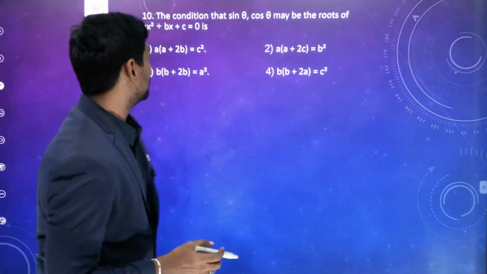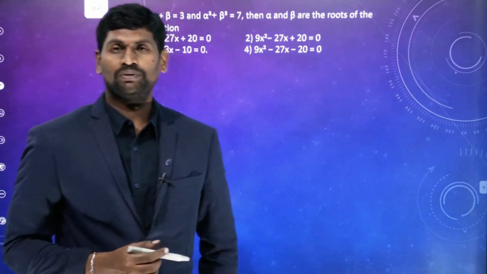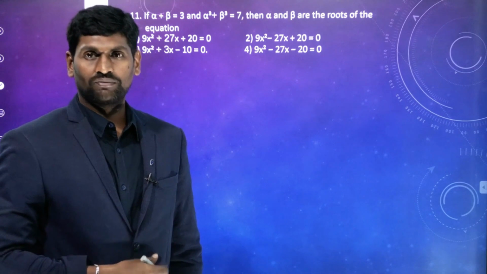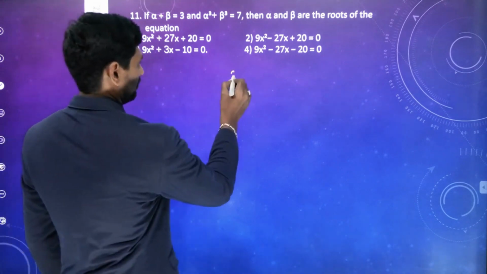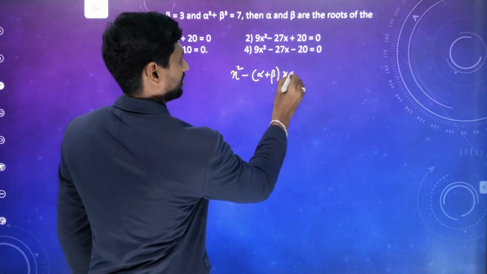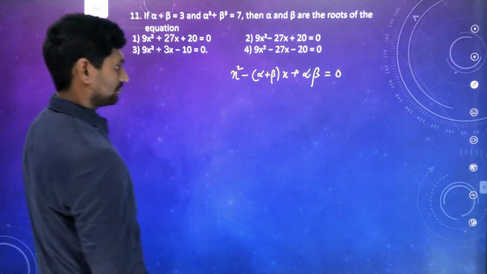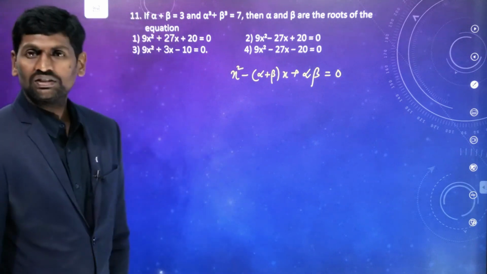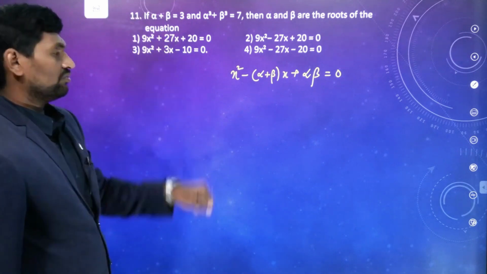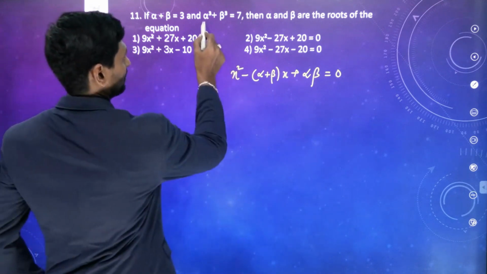If you know the roots of the equation, the general form we use is x square minus (alpha plus beta) x plus alpha beta equals 0. Alpha plus beta we know; we still have to find the alpha into beta value with the help of this.